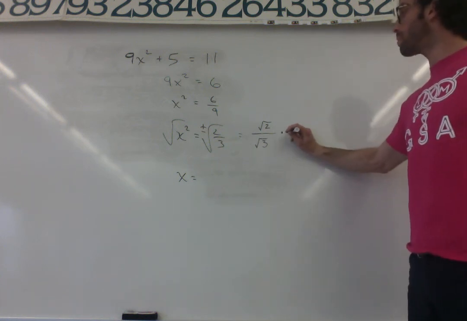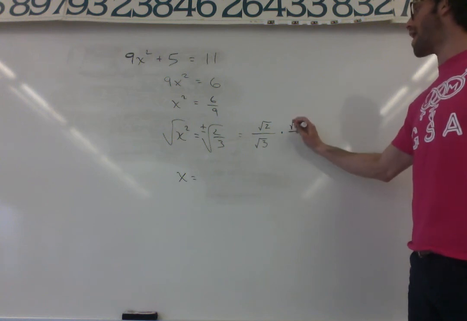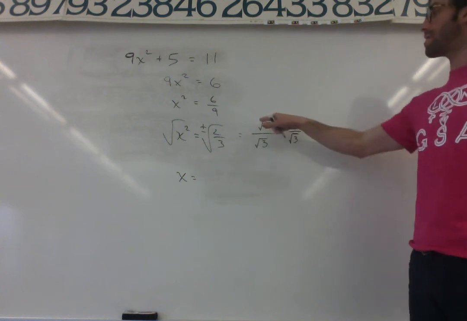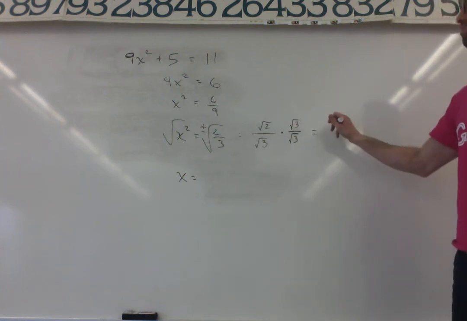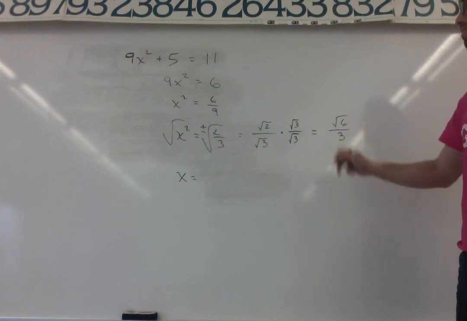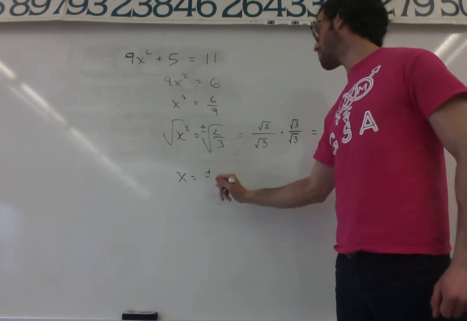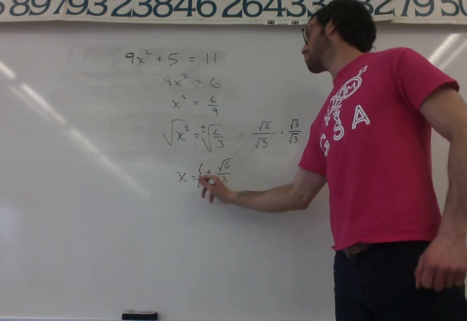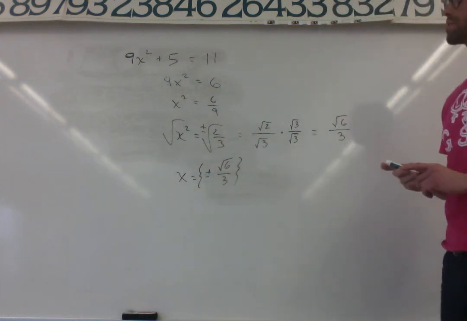So what we do is we multiply the top and bottom of the fraction by that square root, by root 3. And now we end up with root 2 times root 3 is root 6 over root 3 times root 3 is 3. So the best answers would be plus or minus root 6 over 3. Those would be your two solutions, okay?